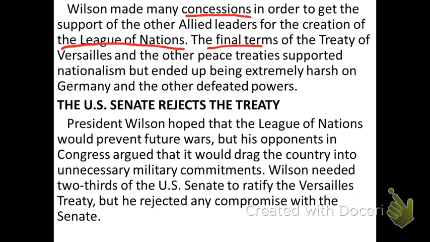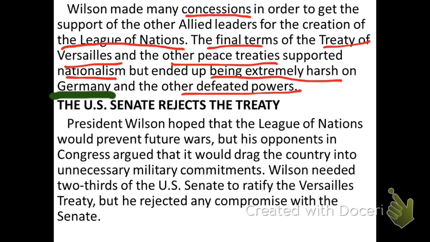The final terms of the Treaty of Versailles and the other peace treaties, again, there were separate peace treaties for the three nations that we fought against, all supported nationalism, but ended up being extremely harsh on Germany and the other defeated powers. Now, more than anybody else, Germany paid the price for the war.